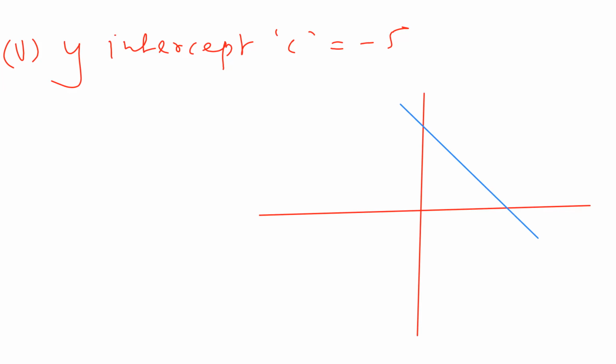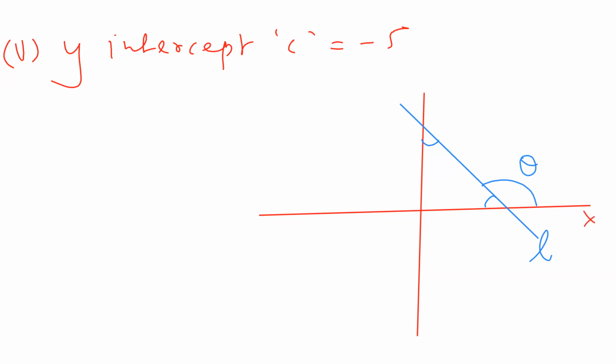So this angle will be the same. In this case, theta of line L will be this, because we have to consider the angle of line L with the positive x-axis.